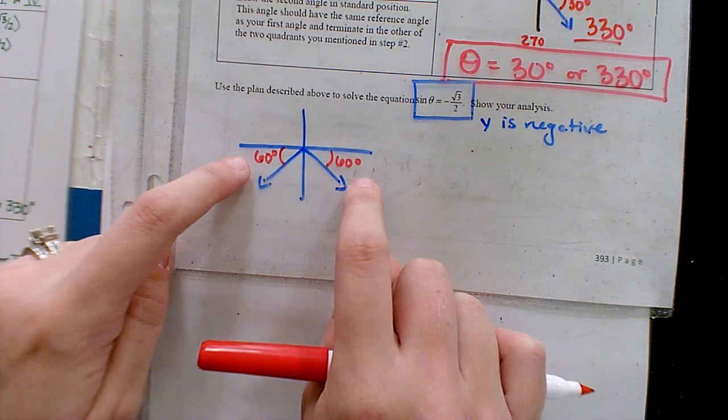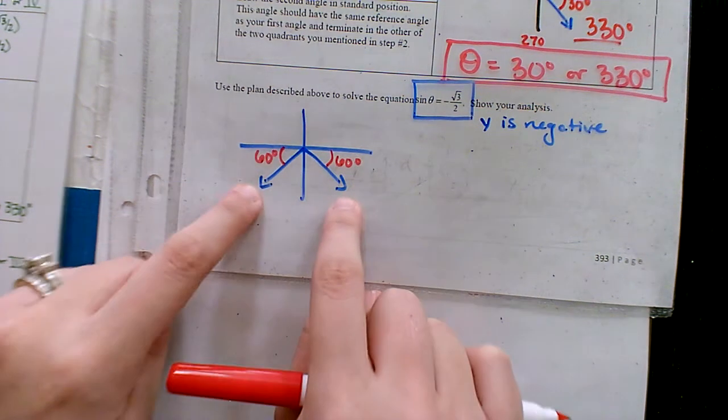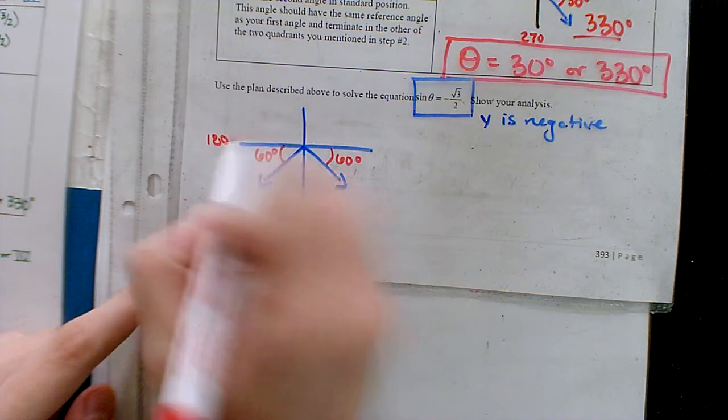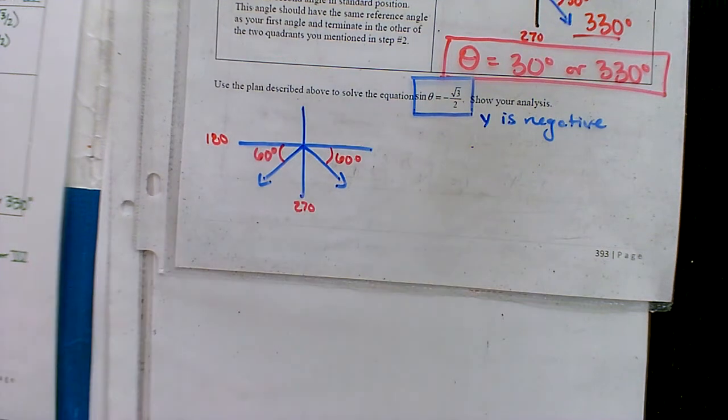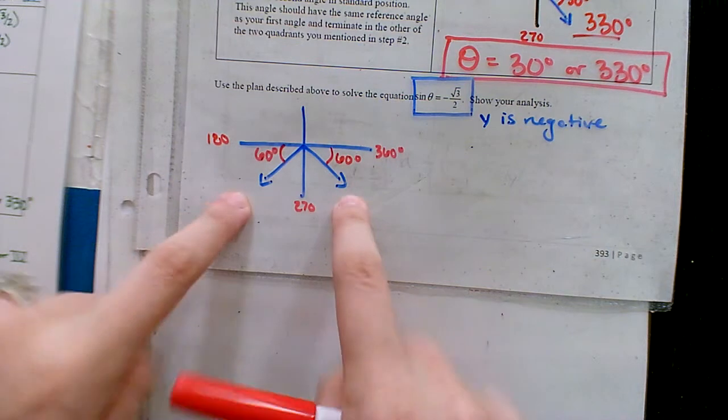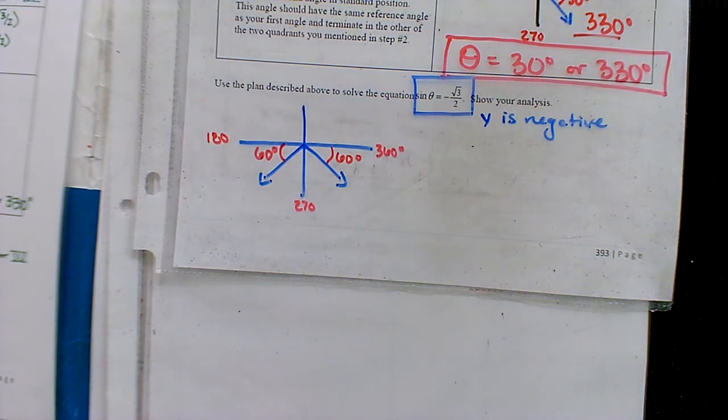So we have to utilize that reference angle to help us figure out these two angles. One of them is in the third quadrant, something between 180 and 270, and the other is something between 270 and 360. Can we figure out those two measurements?